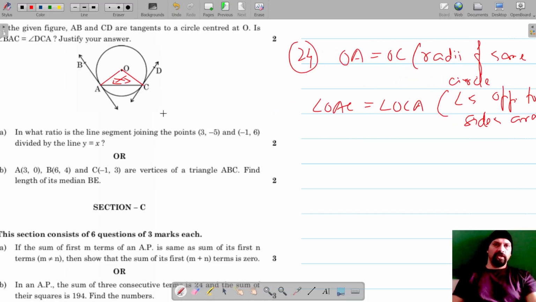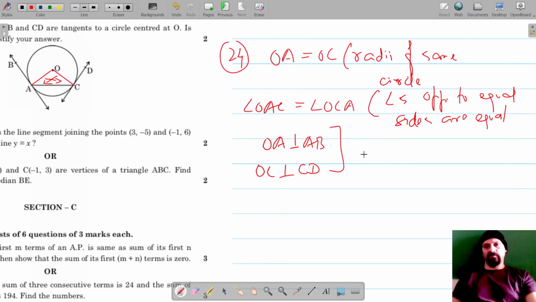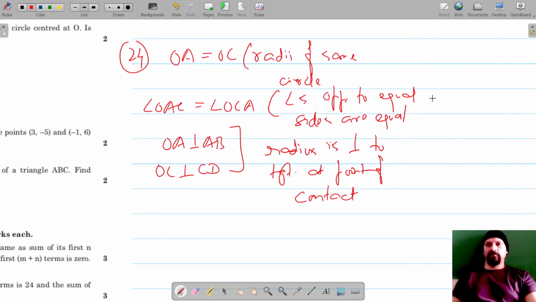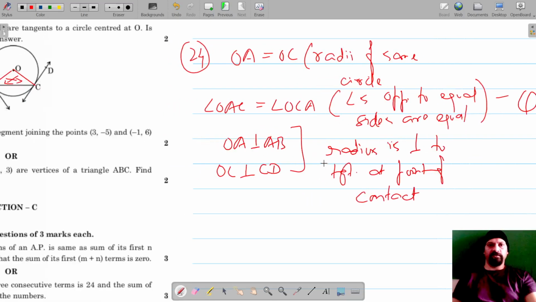Okay, now OA is perpendicular to tangent AB and OC is perpendicular to tangent CD. And for these two, the reason is the radius is perpendicular to the tangent at the point of contact. So this was our, let's say, first equation.